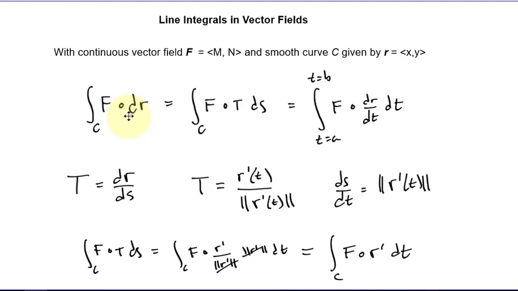And if we imagine a particle moving along the path, we're adding up the components of the force F that are parallel to the velocity of that position vector. I'm describing this as work done by the force over this curve C with respect to that position. So this is one interpretation of a line integral, in one general form.